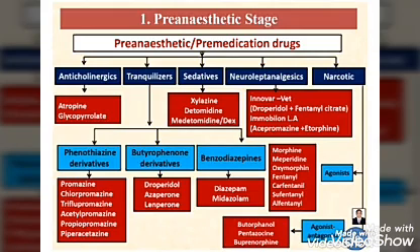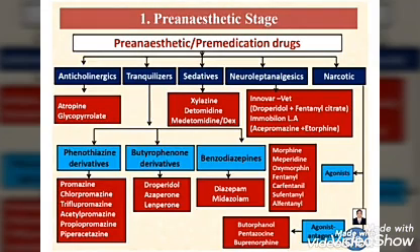Then complications: some drugs have complications, so depending on the complications in the animal's body, you can select these pre-anesthetic drugs. Then post-operative needs: some operations require powerful post-operative analgesics, particularly orthopedic surgery, where you give opioid drugs.